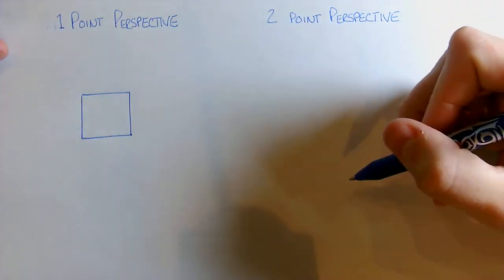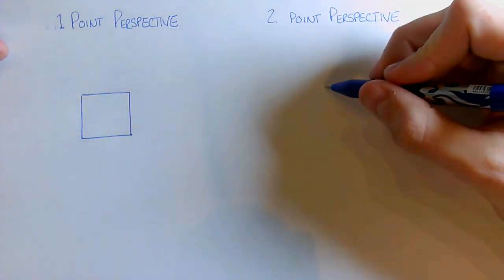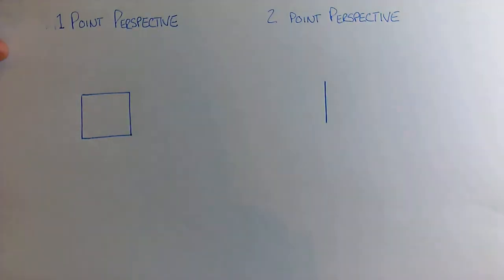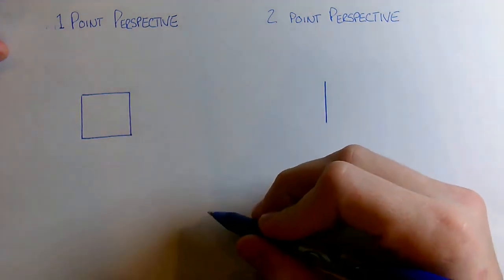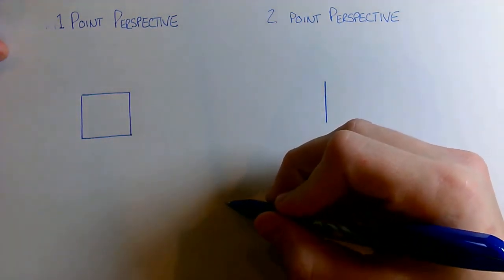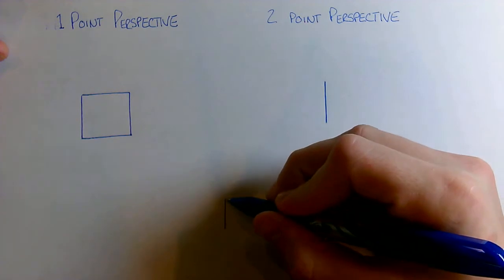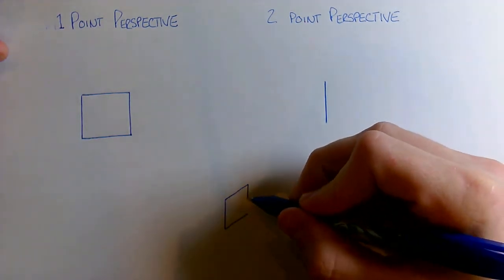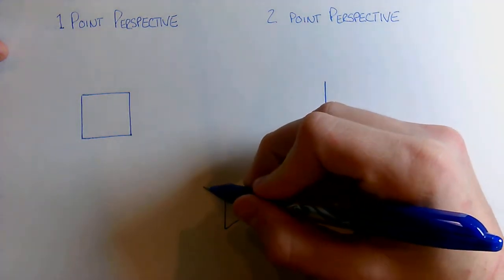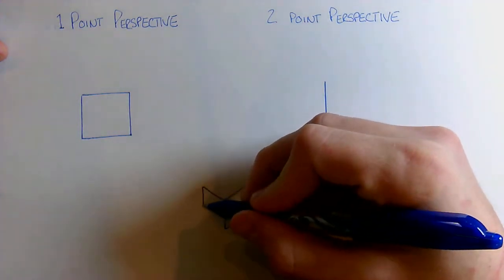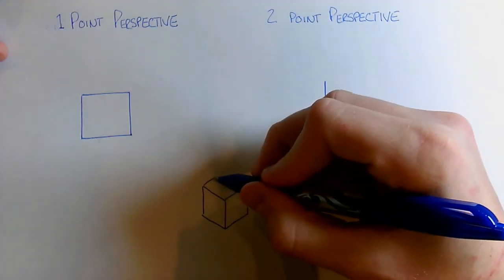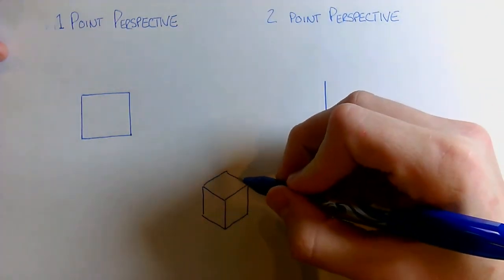For 2-point perspective, we want to start off with a line, just like that. If I do a wee quick sketch right here in isometric, this is what we did last week. You'll see the shape that I want to create, and finish off this wee cube here.